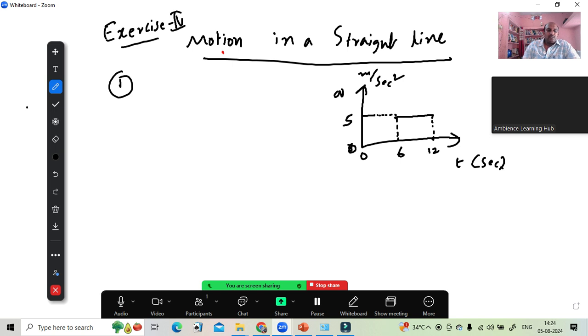So they are asking us to find out the distance along the runway covered by the aeroplane. So this is a very complicated problem.